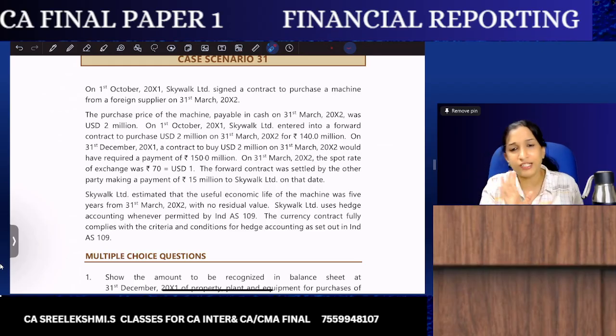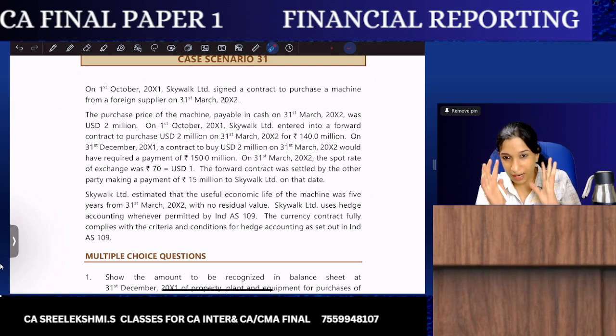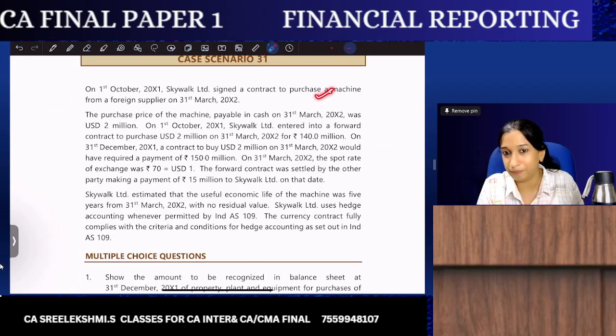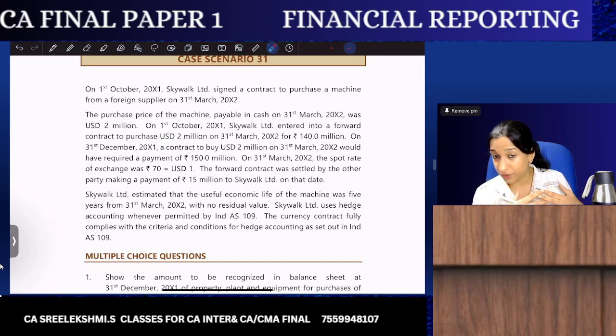So what is the accounting treatment of cash flow hedge? To understand the accounting treatment, what is the hedged item? The hedged item is the contract to buy a machine, PPE. The hedging instrument is the forward contract to purchase $2 million. So here on 1st October there is no entry, but subsequently every reporting date you need to understand the gain or loss on this forward contract.